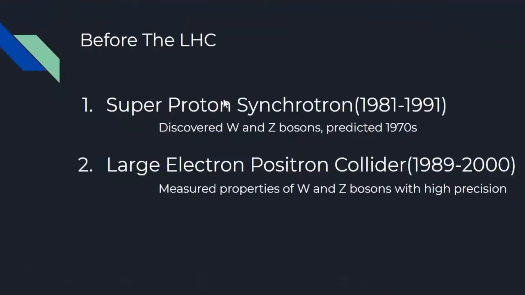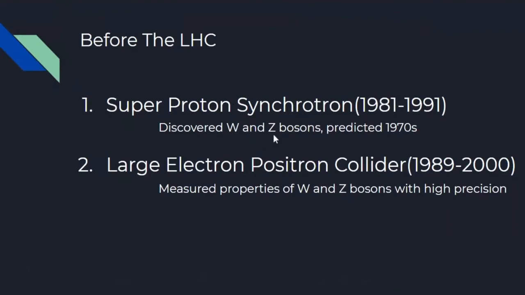So before the LHC, there were many particle accelerators constructed at CERN, but we are only going to concern ourselves with the Super Proton Synchrotron and the Large Electron Positron Collider. The Super Proton Synchrotron has a circumference of 7 kilometers, and it was able to accelerate protons up to energy levels of 400 giga electron volt.